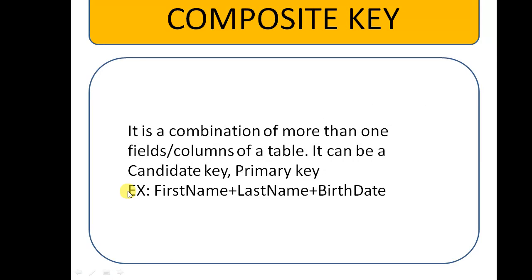The next one is composite key. A composite key is a combination of more than one column. It can be a candidate key or primary key or unique key. If we create a combination of columns for any key, it is called a composite or compound key. Here first name, last name, birth date are marked as a unique key, so 3 columns are bound into a key.